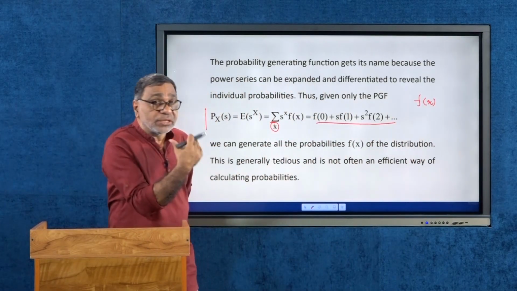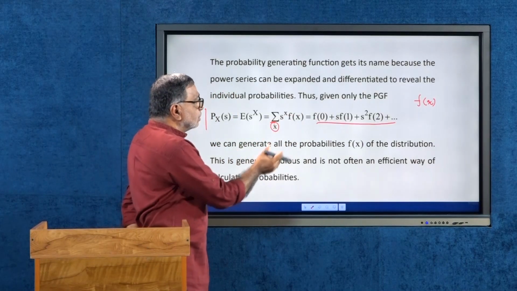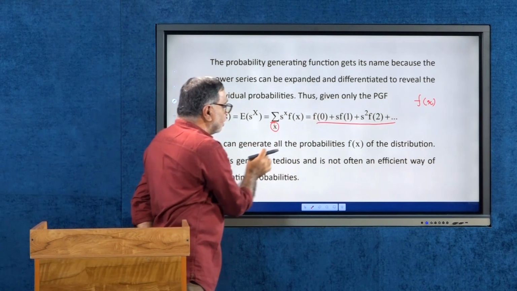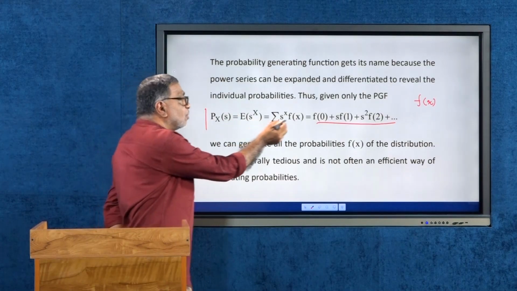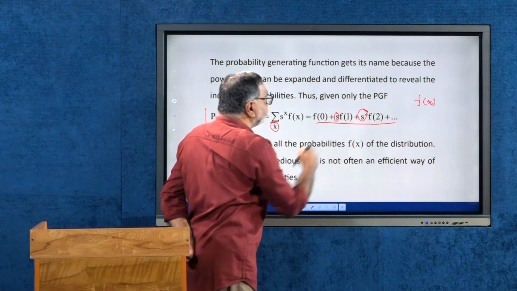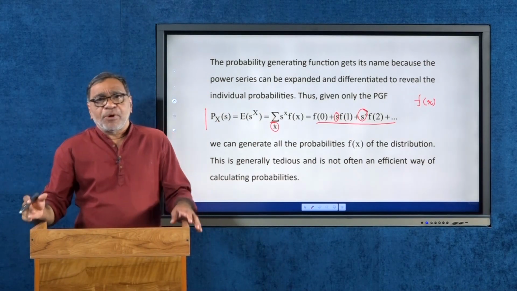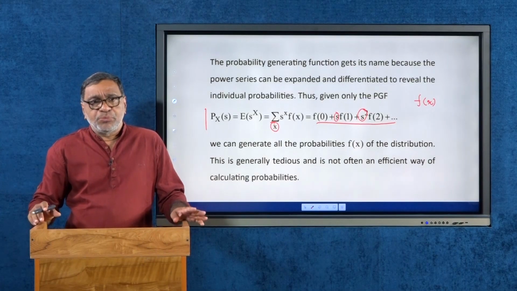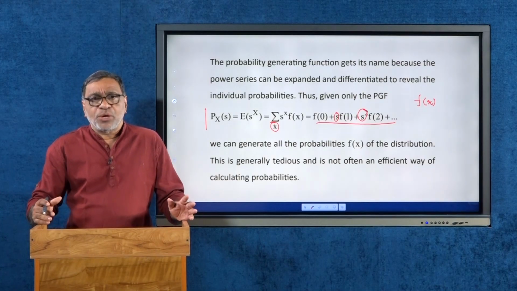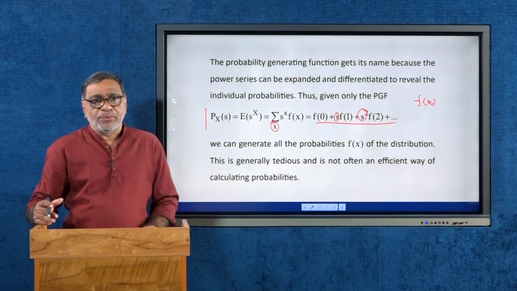From the infinite series, you can find f(x) by identifying the coefficients of s, s square, etc. So we can generate the probabilities f(x) of the distribution from the probability generating function, but this is generally tedious work and not often an efficient way of calculating probabilities.